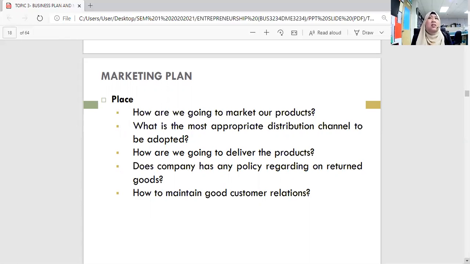And just to share with you students, the more middlemen interfere in our value chain, in our channels of supplying our product to the customer, the more cost is incurred. So the cost will be hiked up, because every single middleman will get some portion of their benefits and involvement.